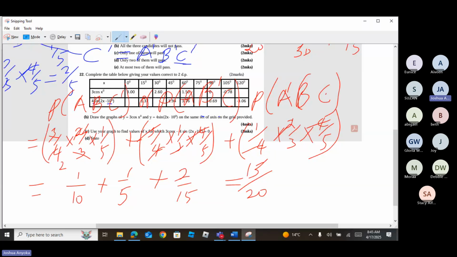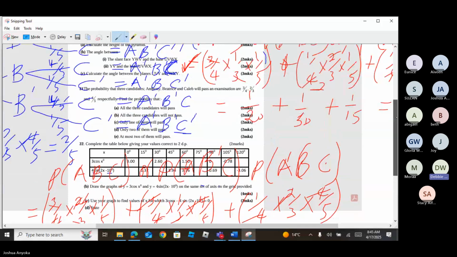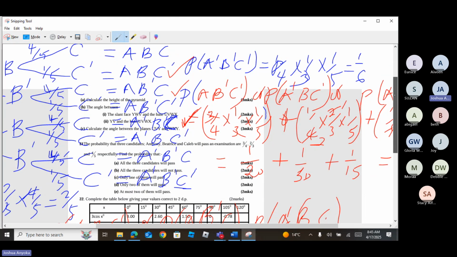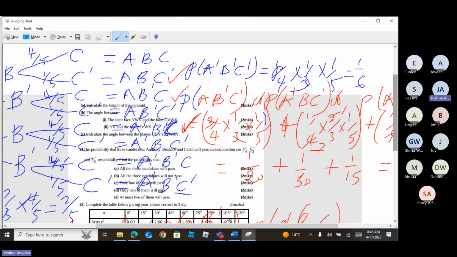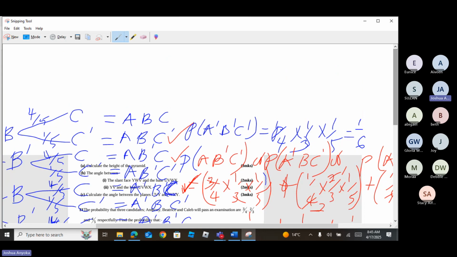Good. Now the part E. At most 2 of them will pass. Let's get back to our tree diagram. At most 2 of them will pass. So it is the probability that at most 2 of them will pass.